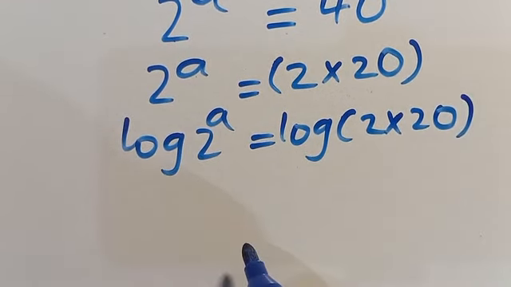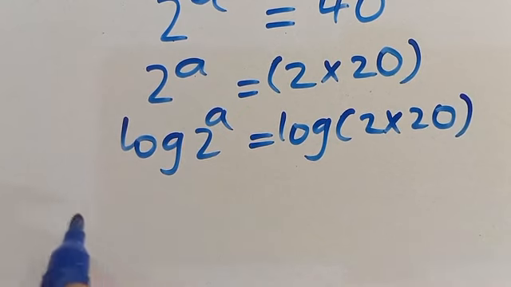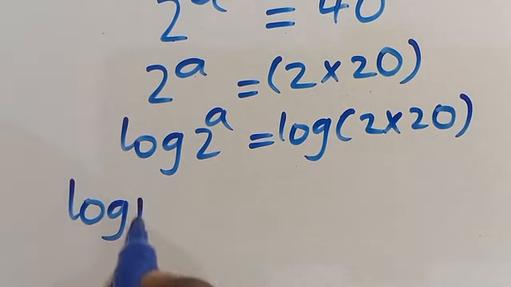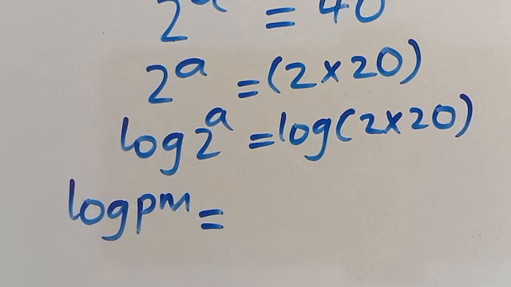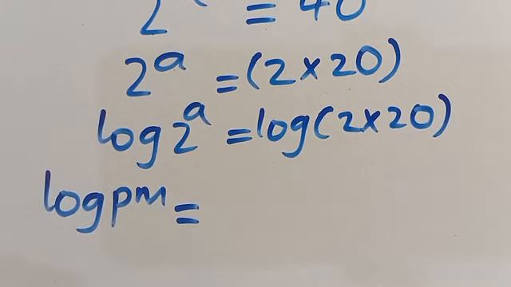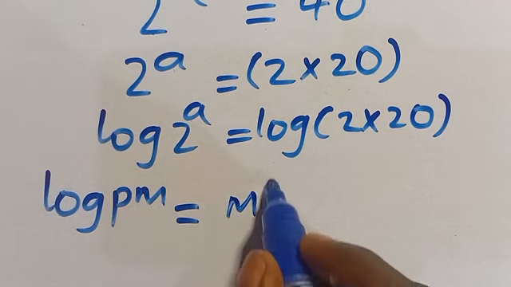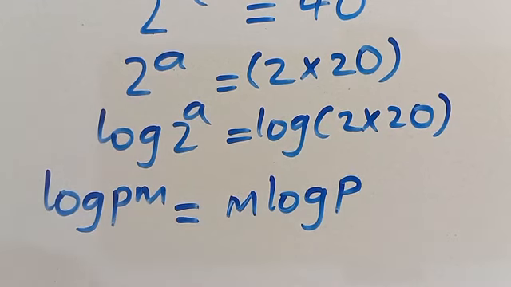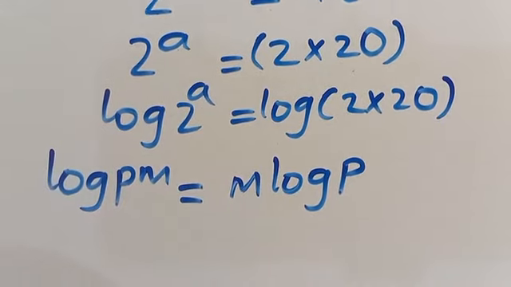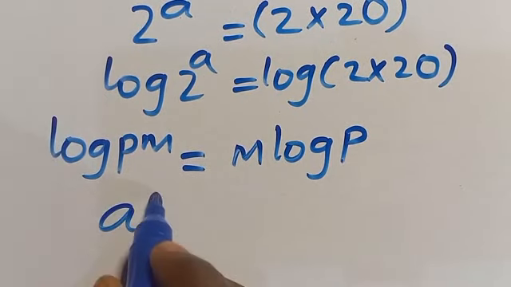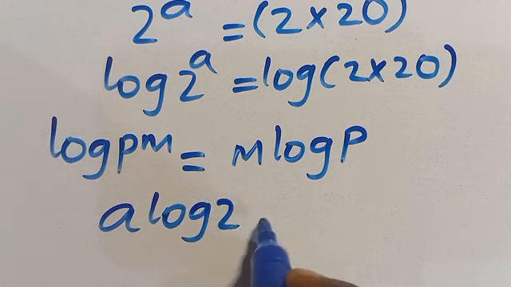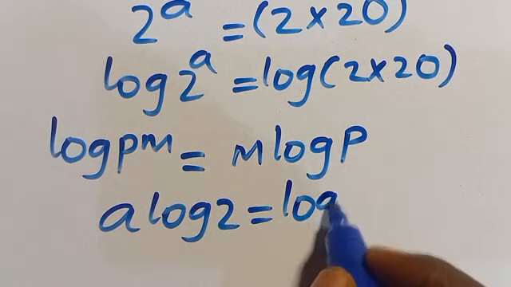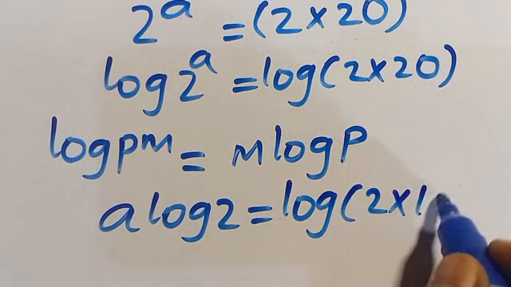Then recall that when we have log p to the power of m equals m multiplied by log p, the power will come down to base here. So this power a will come down to base. We have a multiplied by log 2 equals log 2 times 10.